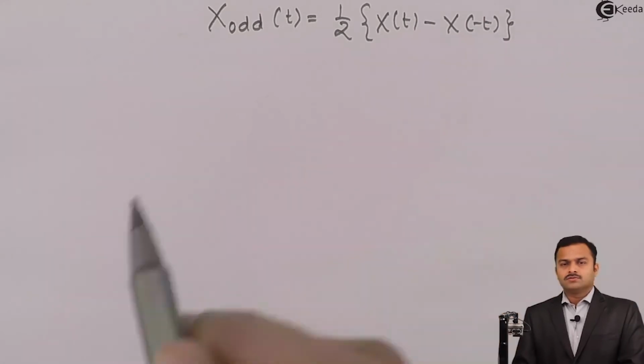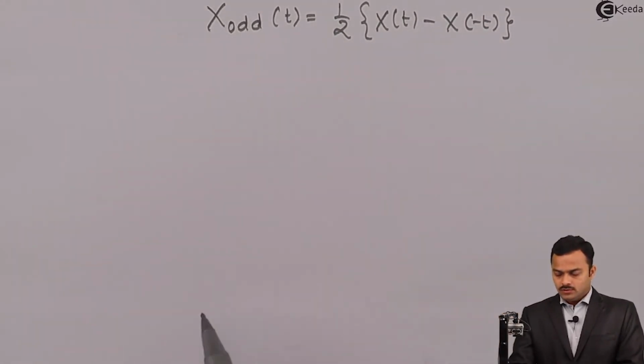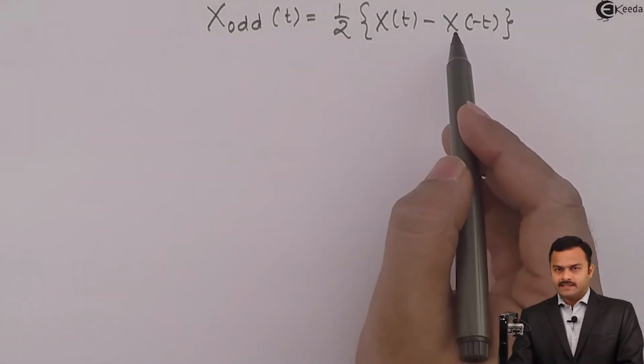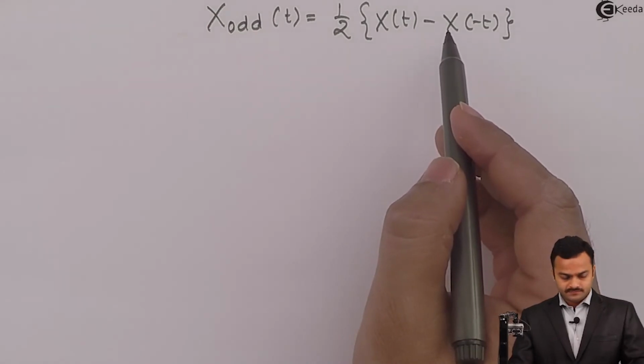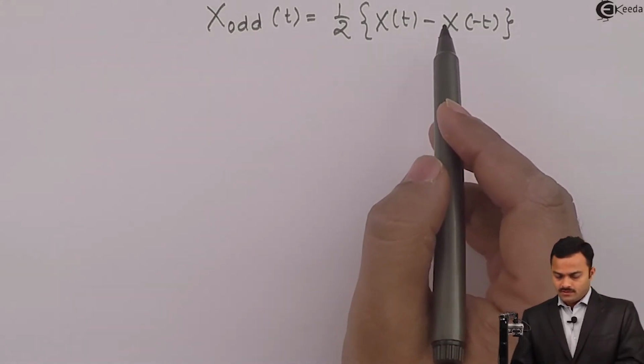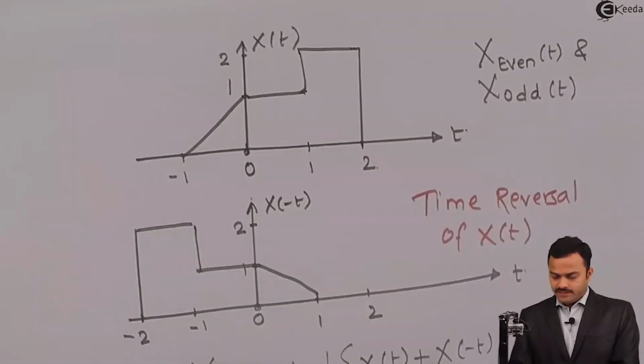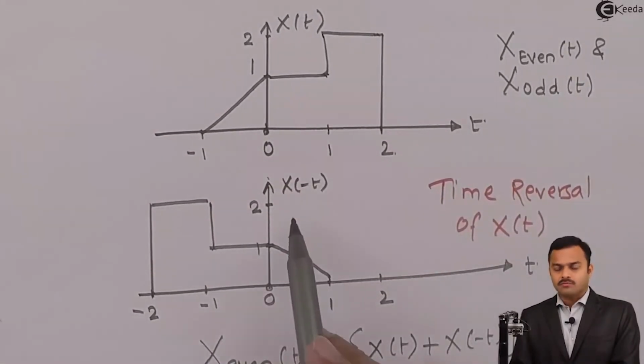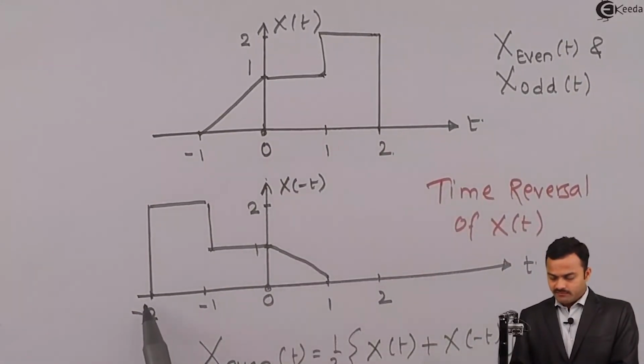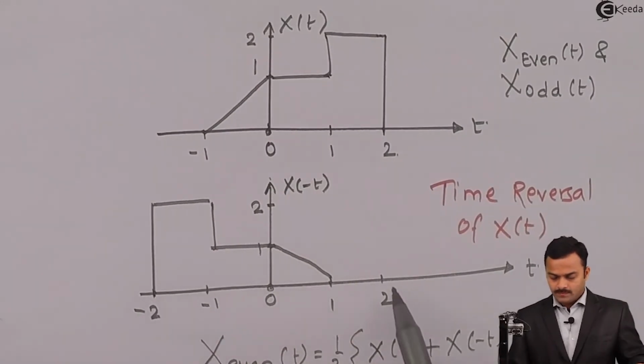So now we need to do this calculation, x of t minus x of minus t. So this is the original signal x of t, and the time reverse x of minus t. The span of the signal will be from -2 to 2.